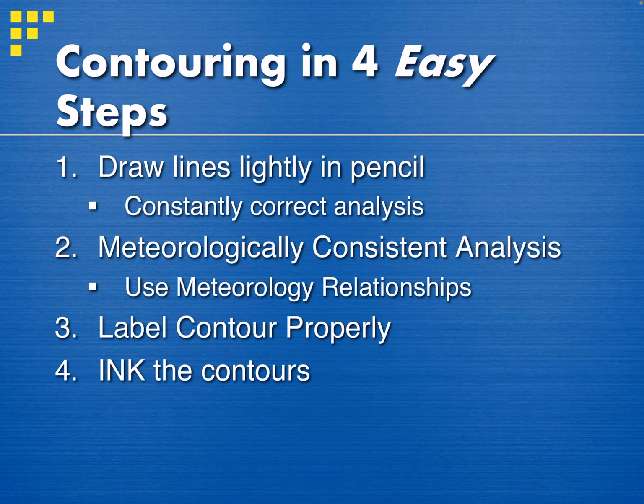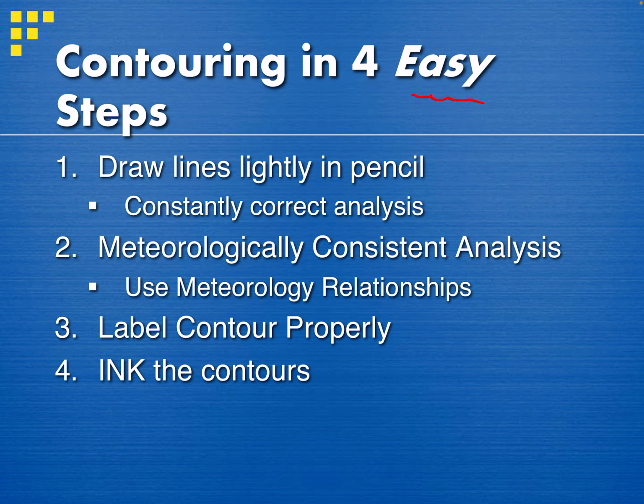Contouring is done in 4, quote unquote, easy steps. Now, easy is maybe a bit trivial here, but we're going to show you it's not too terribly hard, though it will take practice to get better at it. These 4 easy steps we're going to go into in detail.